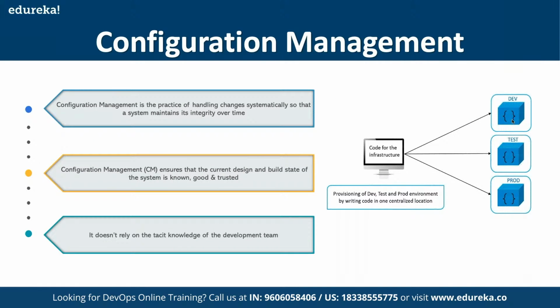A simple example: let's say we have a cluster of 100 VMs, and they are all running LAMP servers. Our goal is to make some configuration changes on those 100 VMs. Instead of doing them manually one by one, we can write a script using the configuration management system, and that is how we can easily manage it without any challenges.